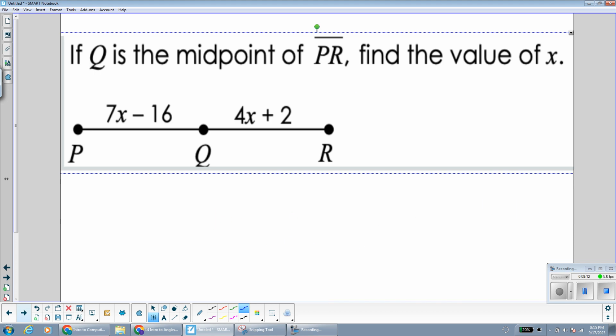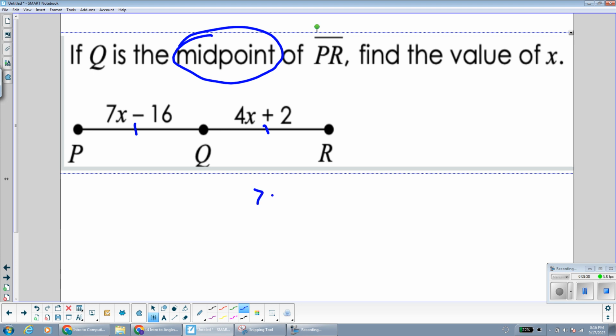Here we're told that Q is the midpoint of line segment PR. Since Q is the midpoint, we know it's the halfway point exactly in the middle of the line segment. It's the point that splits the line segment into the two congruent parts. So since we know that this half PQ is congruent to this half QR, we can set them equal to each other because they have the same measurement.